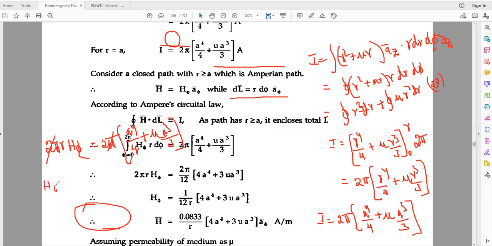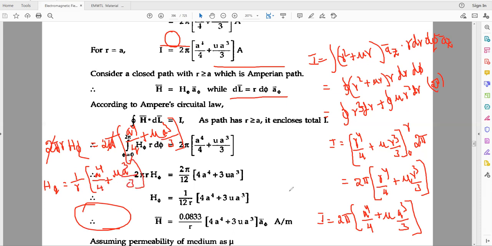H phi is equal to 1 by r, taking the function, a to the power 4 by 4 plus mu into a cubed by 3.